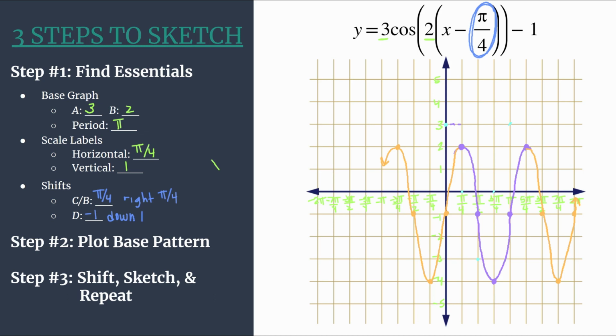And so you have almost 3 cycles there of this very advanced shifted cosine graph. This does take practice, but the template will keep you organized. And once you've tackled a few of these, I think they get much, much easier, and soon you'll be sketching these graphs like a pro.